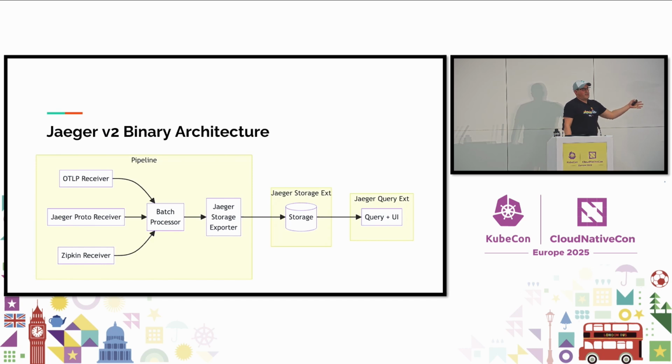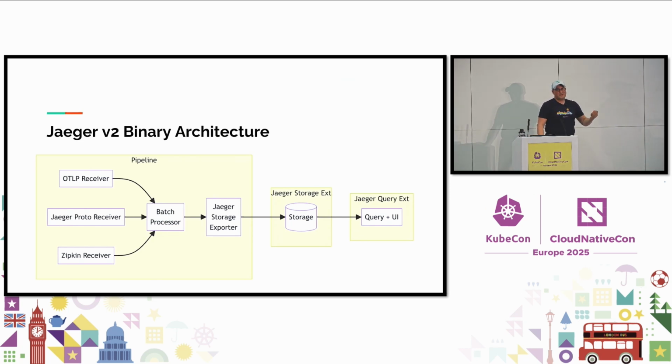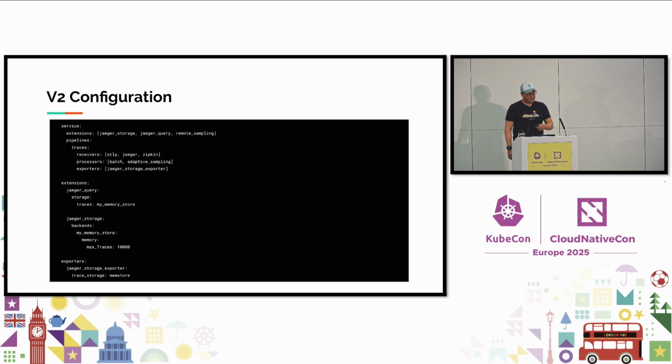We also were one of the first projects to use the new extension capability of OpenTelemetry. So the Jaeger UI actually runs as an OpenTelemetry extension, which is kind of cool. So it lets you do all kinds of interesting things inside the OTel collector architecture.